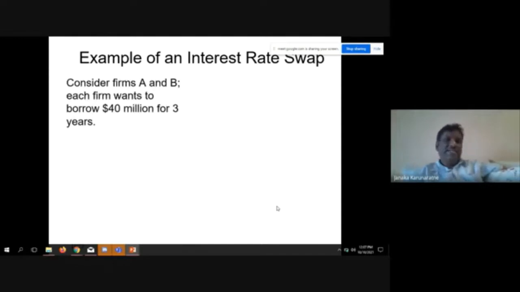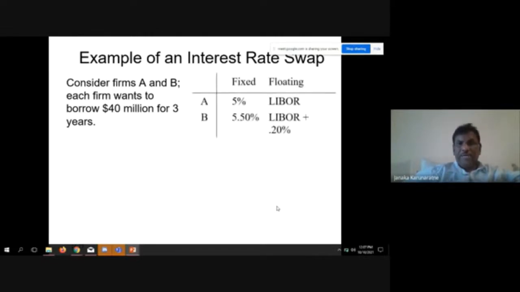Now let's take an example of two firms who want to borrow 40 million for 3 years, dollars 40 million, or rupees, whatever. This is another way of borrowing. When different institutions want to borrow in the market, different interest rate scenarios apply for different firms.